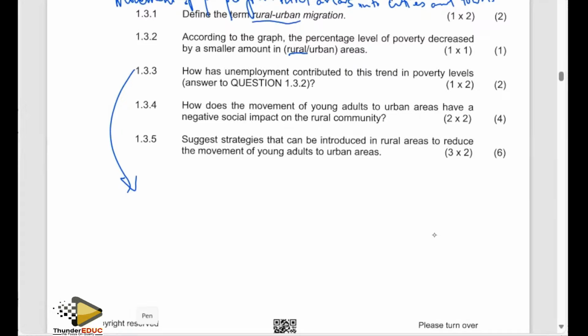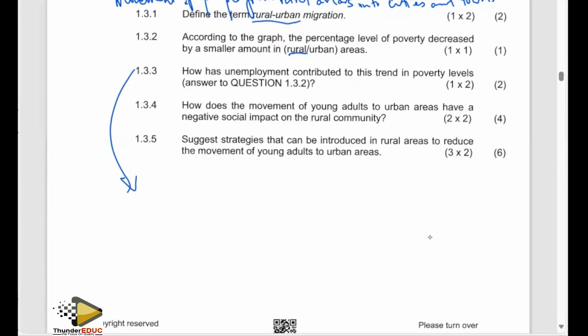In fact, the question is requiring you to explain how unemployment is contributing towards high levels of poverty, because the poverty just declined by a small percentage for those young adults who choose to remain in the rural areas. So the question is relating unemployment to the levels of poverty. Unemployment and poverty, what's the relationship between the two?